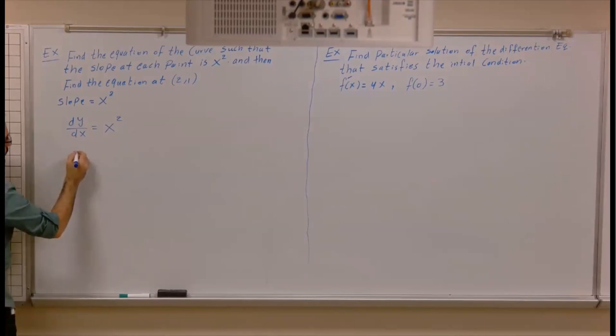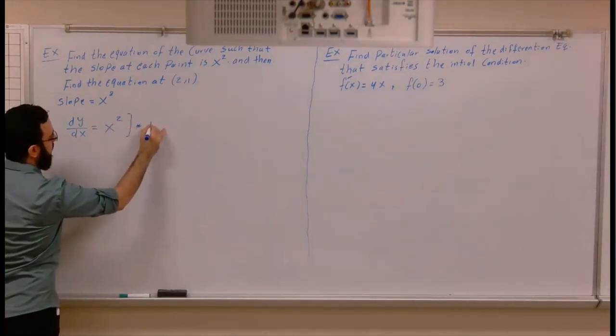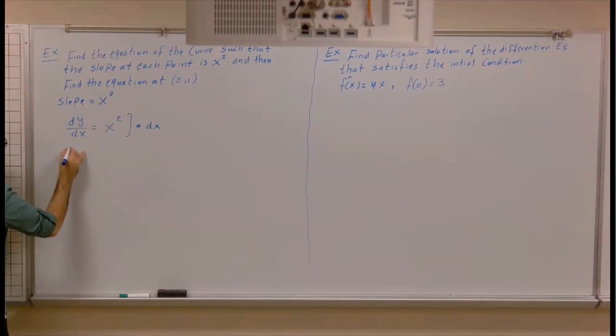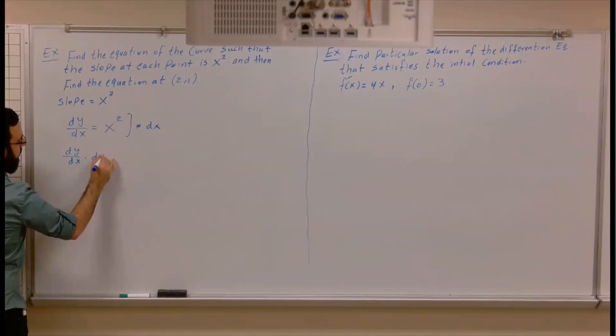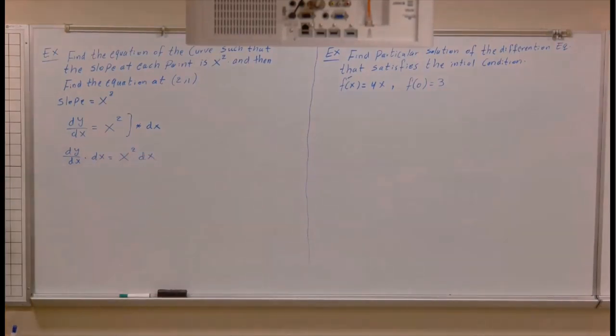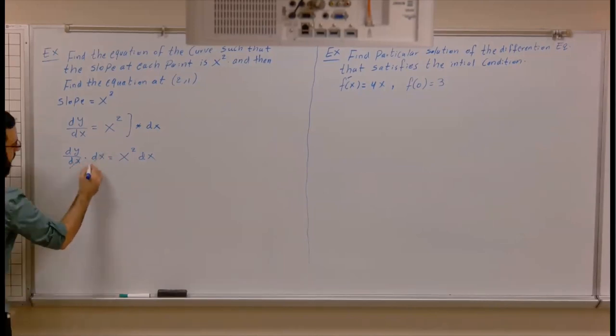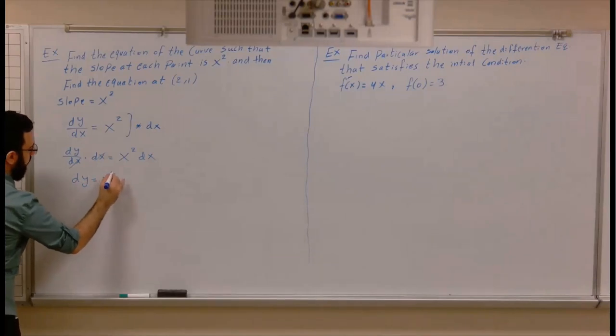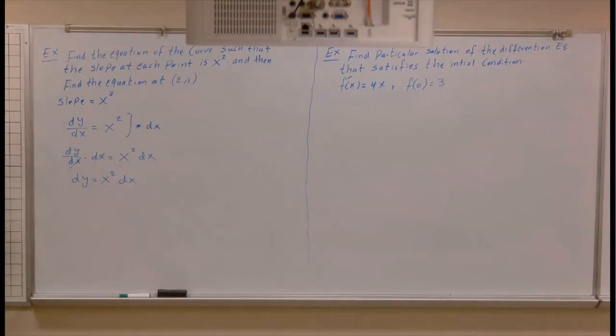So dy over dx times dx equals x squared times dx. Cancel here, which means dy equals x squared dx.